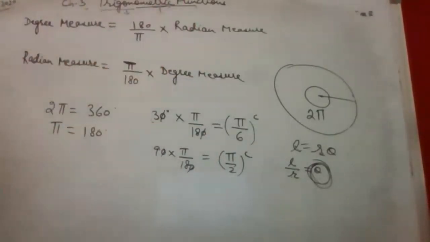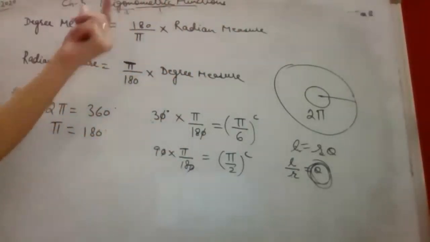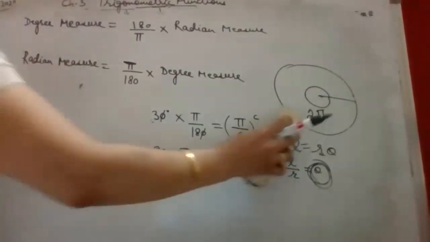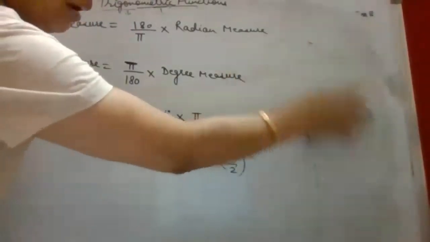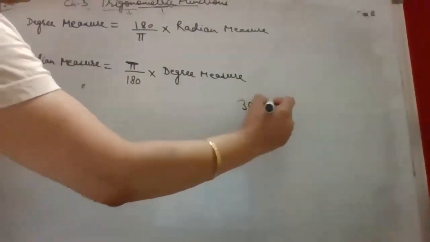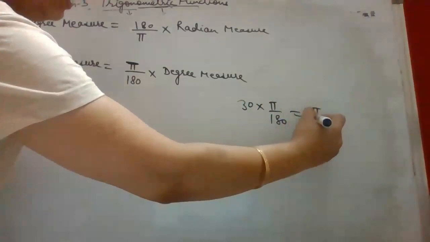Now, that is when we need to convert radian measure to degree measure. When we need to convert radian measure to degree measure, then what we have to do? This I told you: 30, we multiply it by pi by 180, we get it as pi by 6.